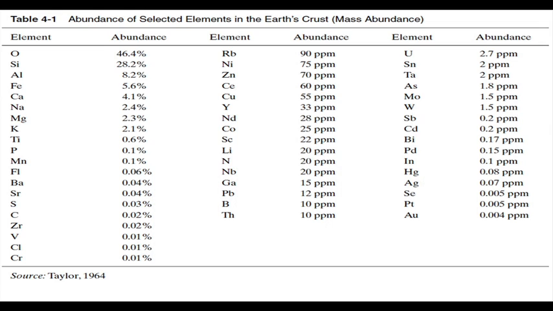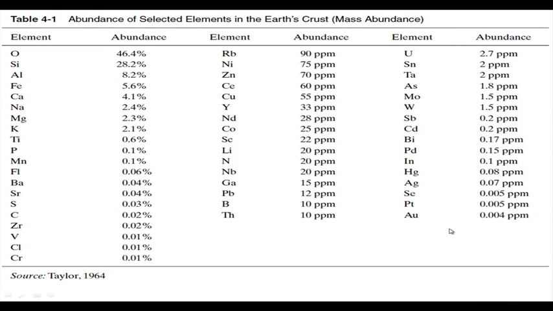In terms of material extraction and refining, there is an environmental footprint associated with that, so we have to look at that part in terms of its impact. There are different elements with different abundances, and as you can see in this table, the mass abundance has been provided.